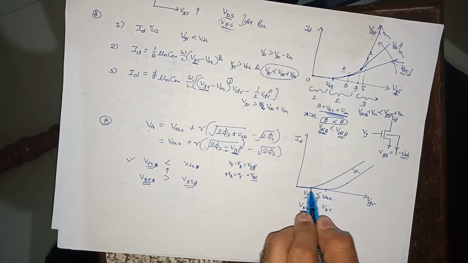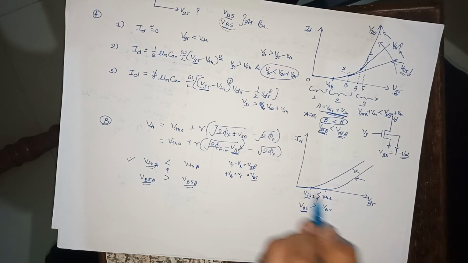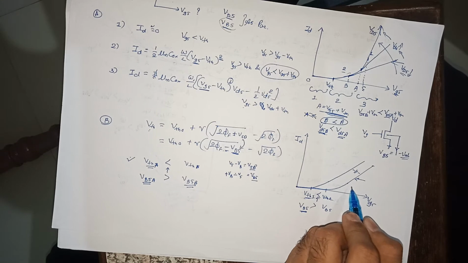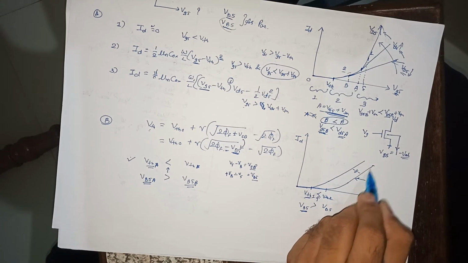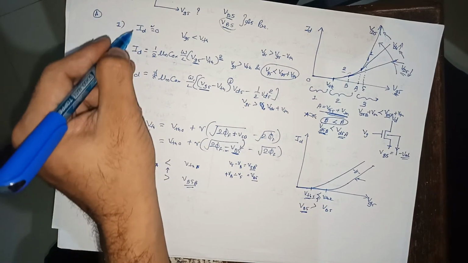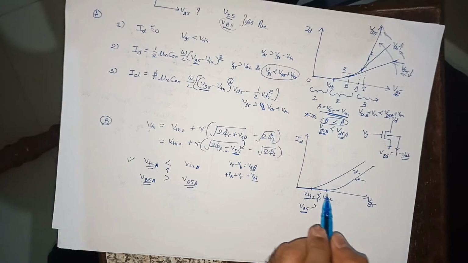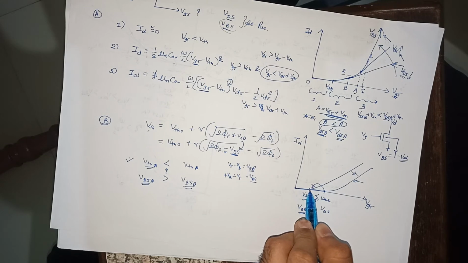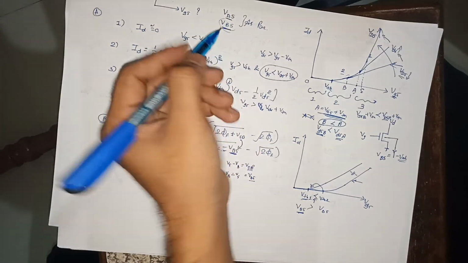From 0 to this point, for one VBS, this is the graph with respect to this 3 equation, right? But from this point to this point, if your VTH is changing, that is because your VBS is changing.